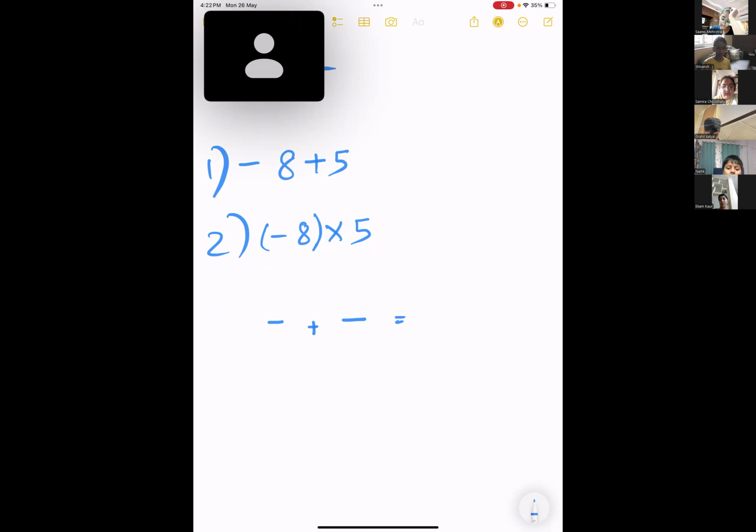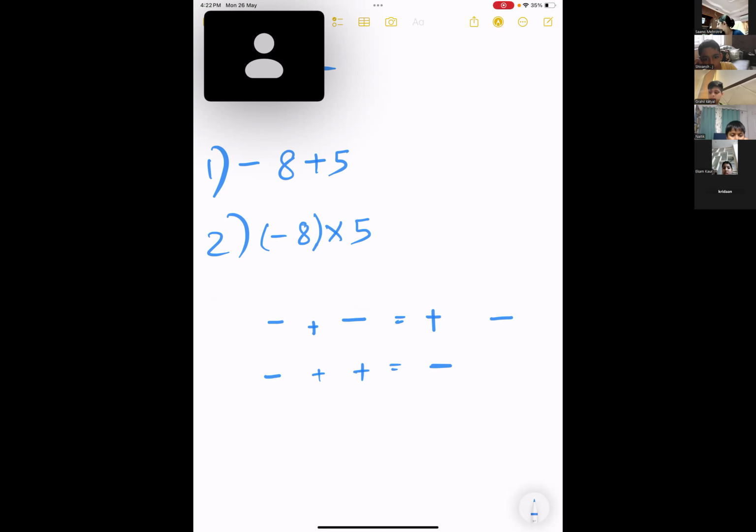Okay. Now, quickly, everyone, just listen to me for once. When I have a negative number, another negative number, and I'm adding them, the operation is going to be addition, but the symbol is going to be minus. Are we clear with that? When I have a negative number and a positive number, the operation is going to be subtraction, but the symbol is going to be the one which has the bigger number, correct?